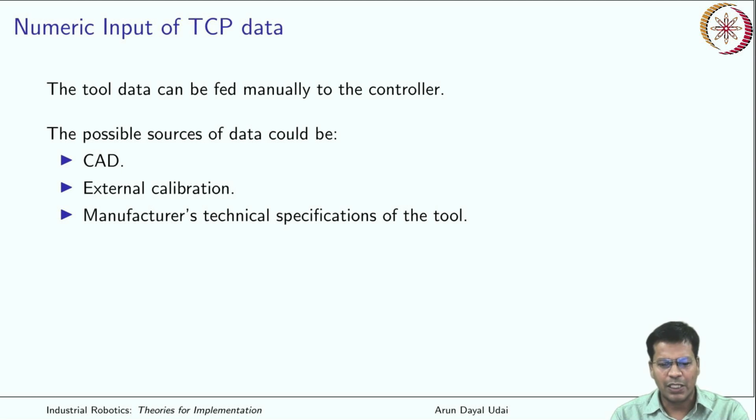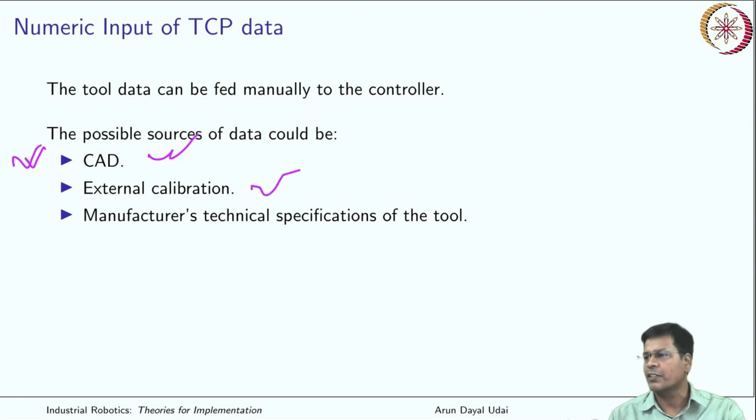The common sources are CAD. If you have a CAD design of your tool, even if it is a gripper or a welding tool, you can know with very good clarity how your tool tip is oriented and located. Okay, another source is an external calibration tool like KUKA track, as we showed you, or there is a tool with ABB also, which is known as a bullseye.